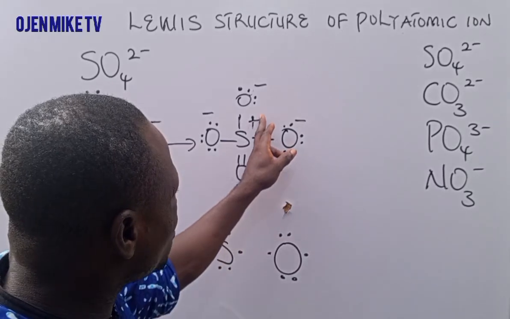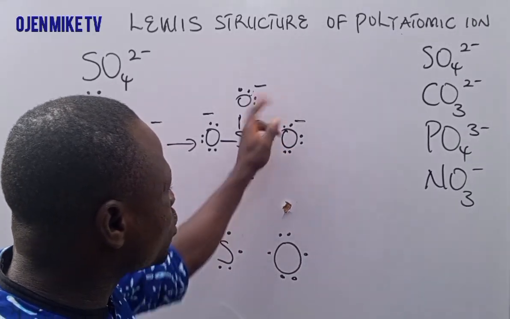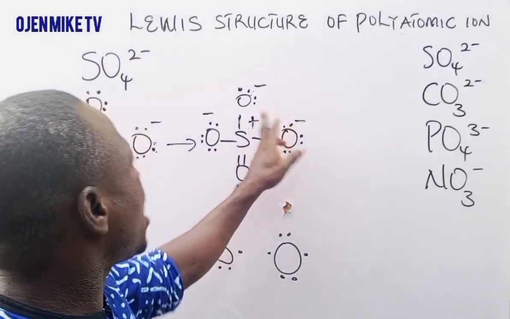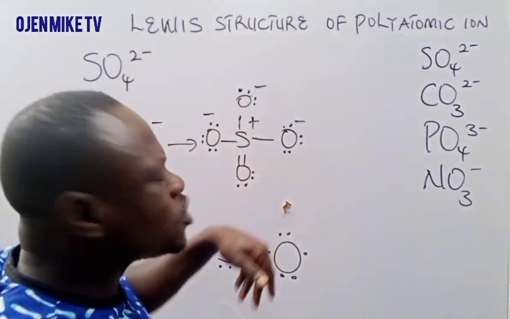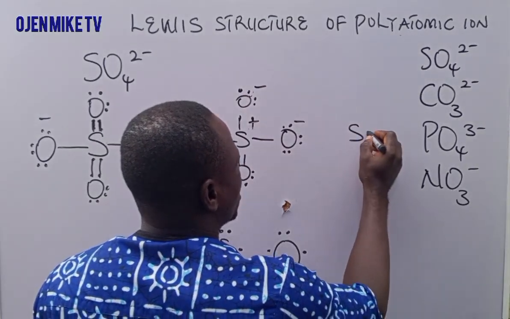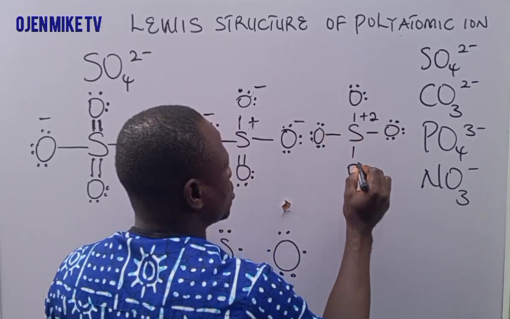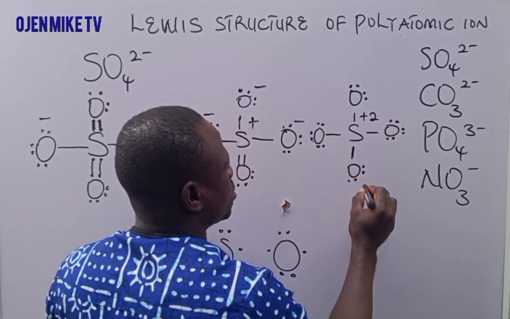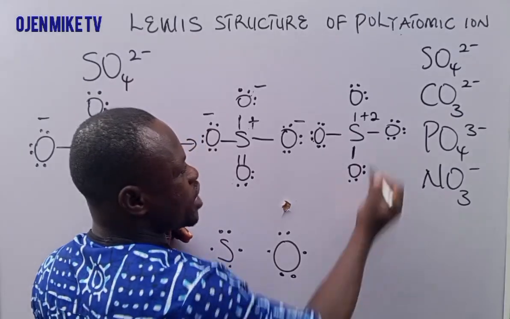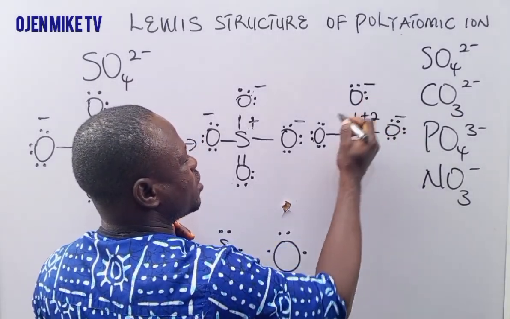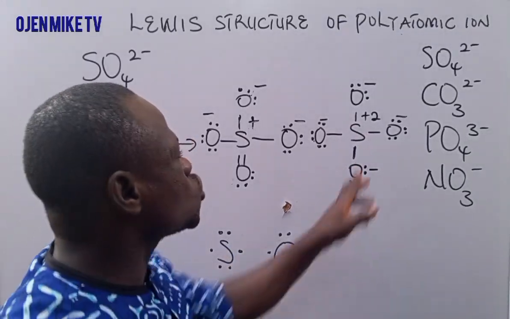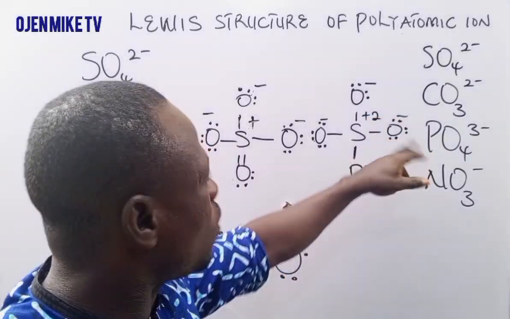If you are removing one of the bonds here, you are removing an electron. Look at it there. Removal of an electron is plus, and addition is minus. So another structure can also be written as, here will be minus, minus, minus, minus. So this one you are removing two electrons.